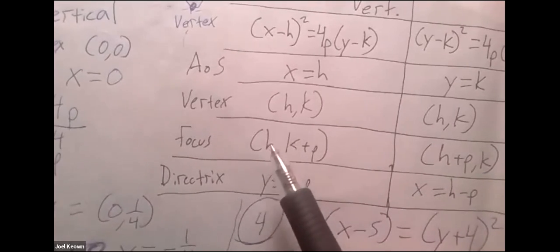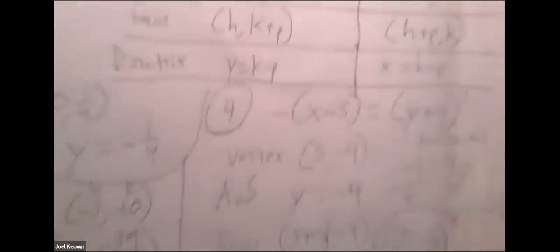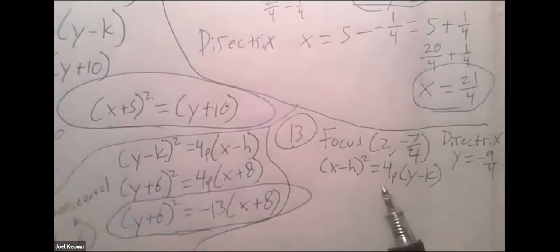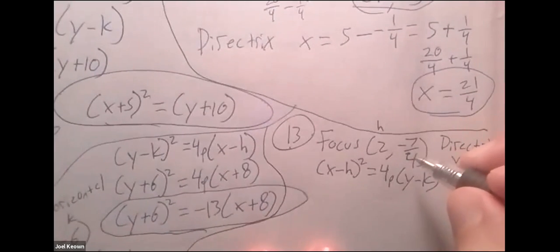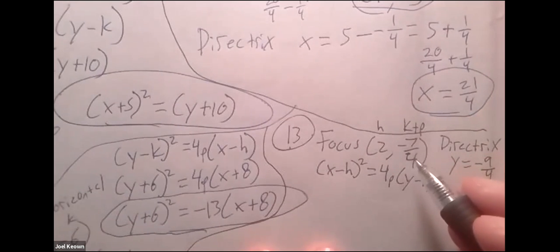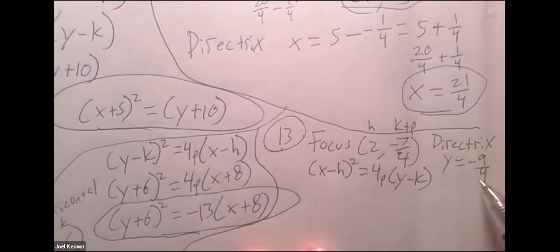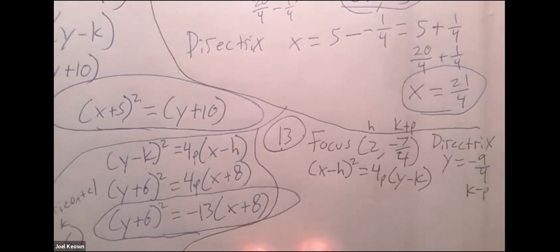It hasn't been changed at all. So I know this is the value of the vertex. So I know this right here is just my h. This right here is k plus p. This right here, on the other hand, is k minus p.